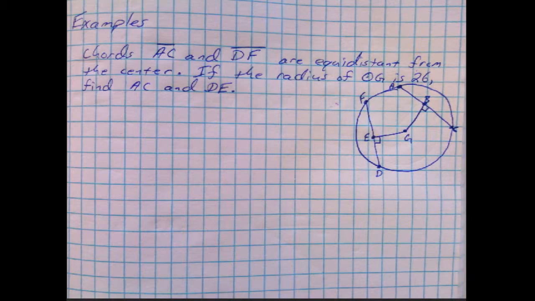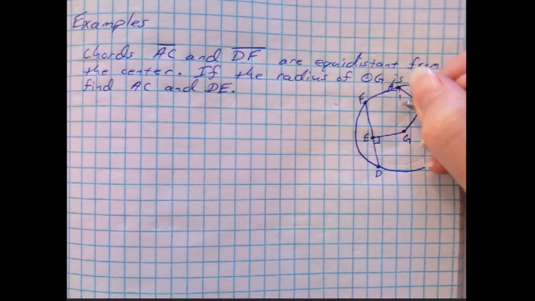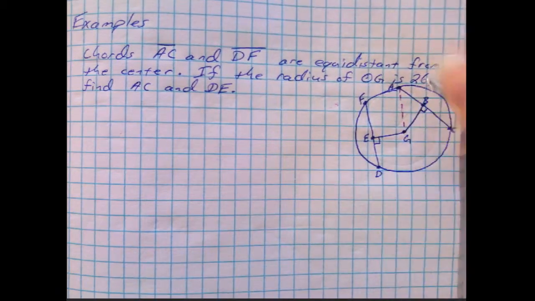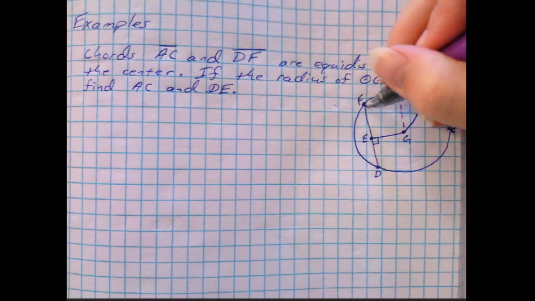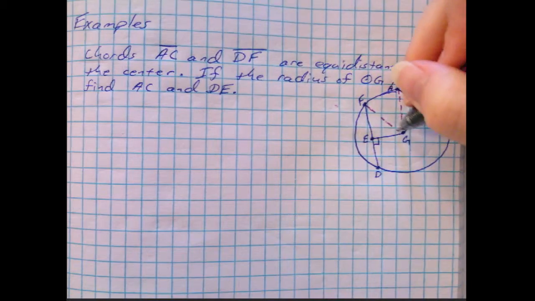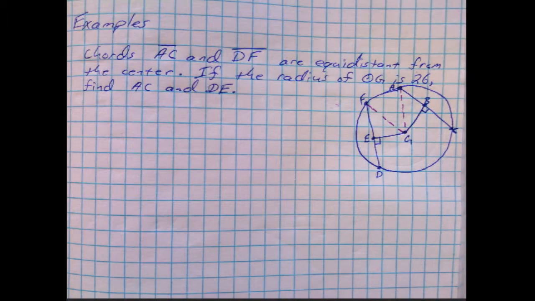For this one, we're going to start out just like we did before. We're going to draw some right triangles in here, from A to G and from F to G. So now we have some right triangles going on.